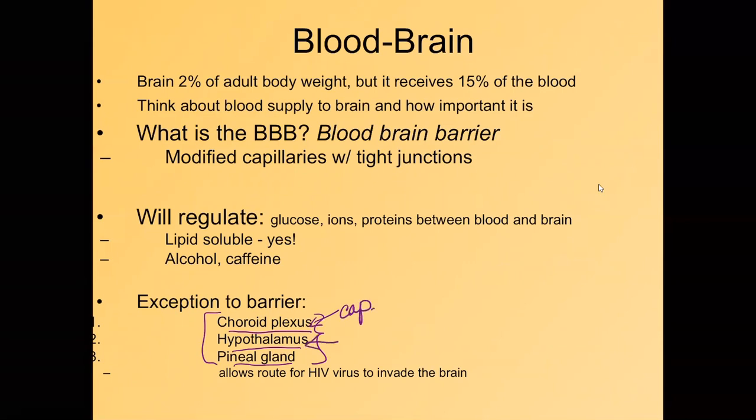The hypothalamus and the pineal gland are part of the endocrine system, so they're dumping things into the blood. There's a way to get from them into the blood. These exceptions can allow a way for things to get past the blood-brain barrier. One example is that HIV can get through here and get into the brain.